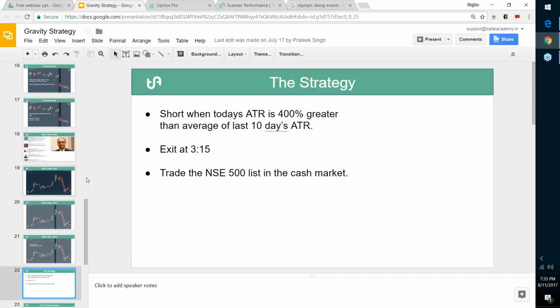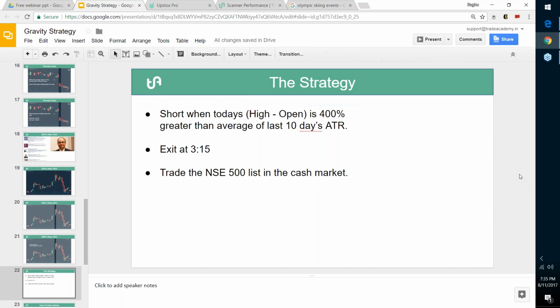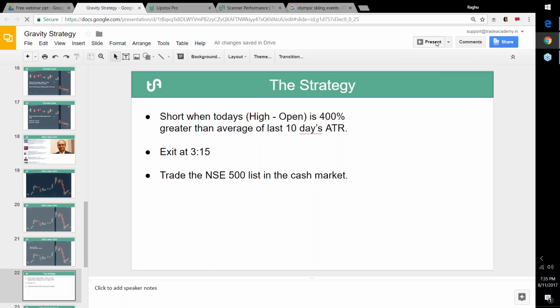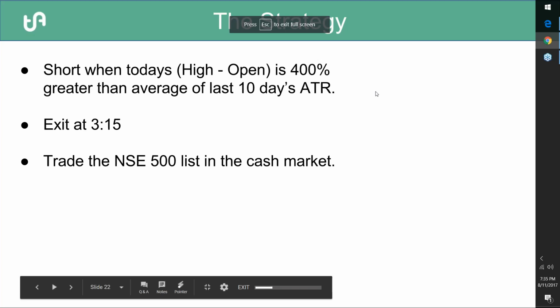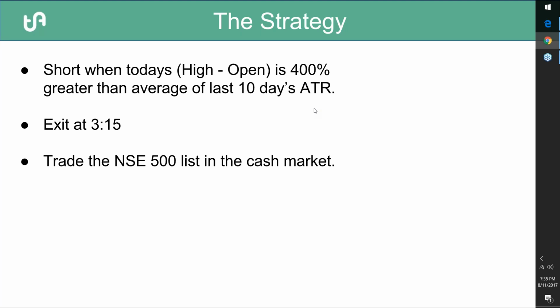Let me fix this, okay? Average of high minus open, right? So whenever the high minus open is 400% greater than the average, we enter the stock, right? And we exit at 315.